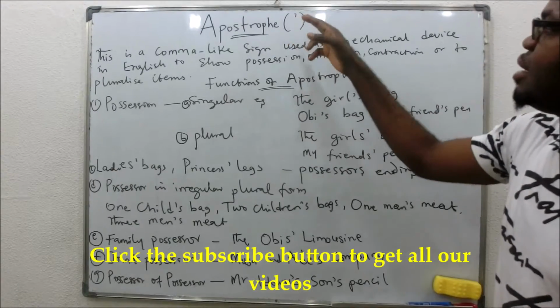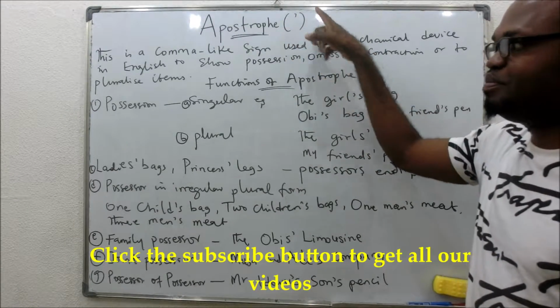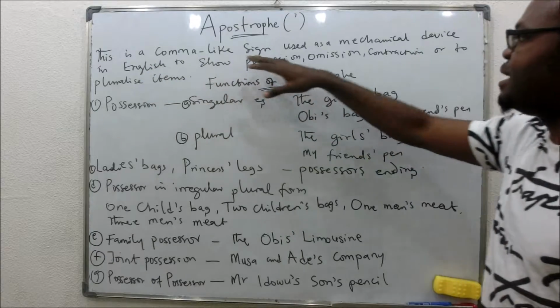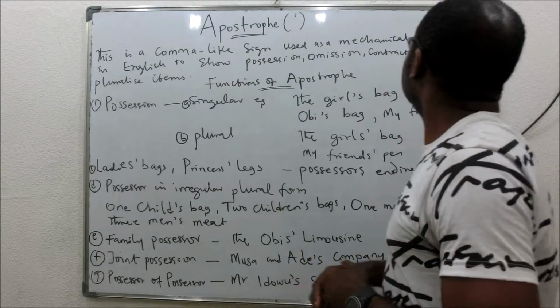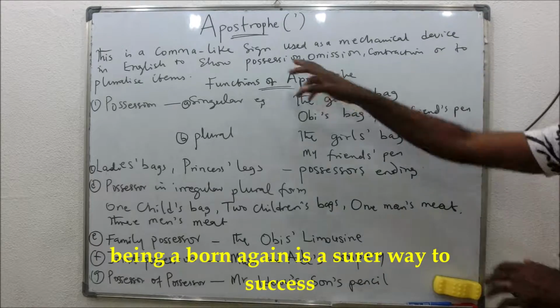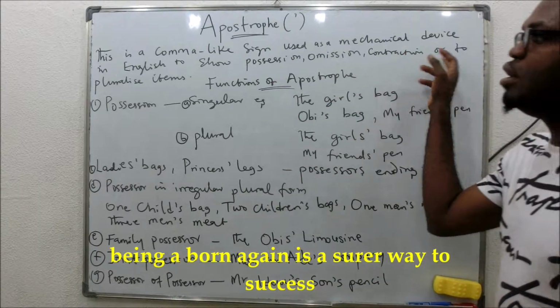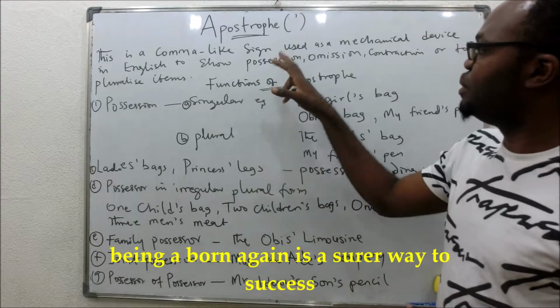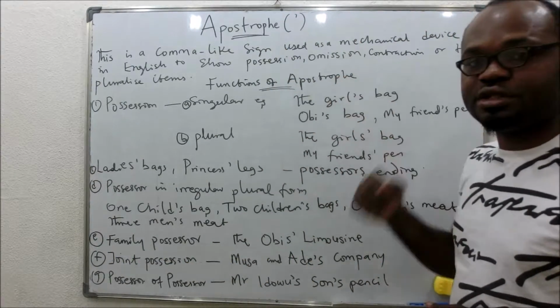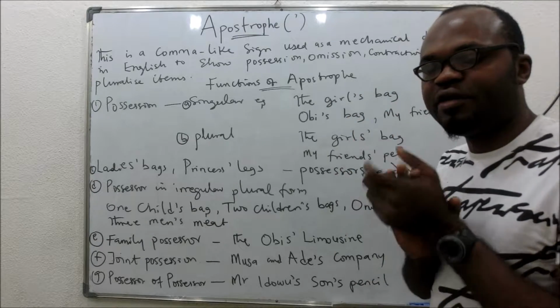This is the sign, a comma sign put on top. It's a comma-like sign used as a mechanical device in English to show position, omission, contraction, or to pluralize items. You can use apostrophe to show position. You can use it to show omission when you want to omit some part of a word.